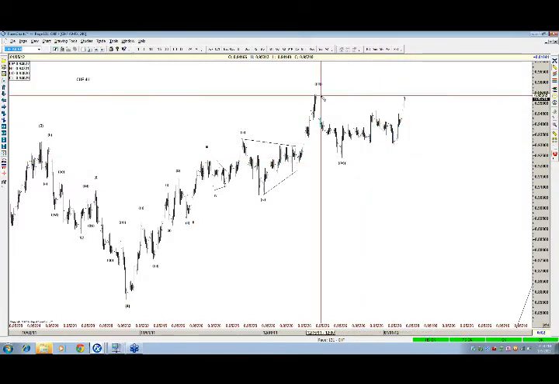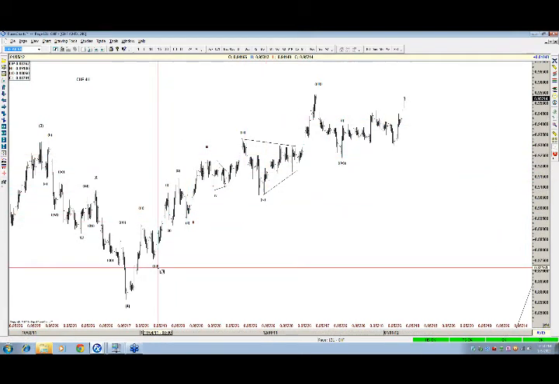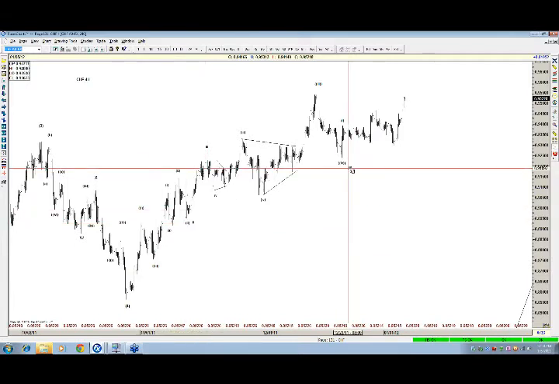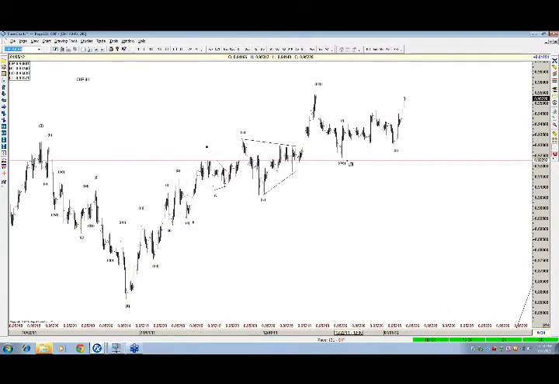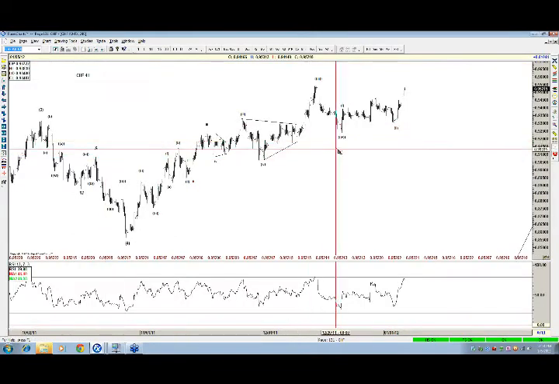The clue is as follows: it did right here, believe it or not, an ugly structure that goes 1, A, B, and C flat. I can prove it in the RSI that that's the structure.